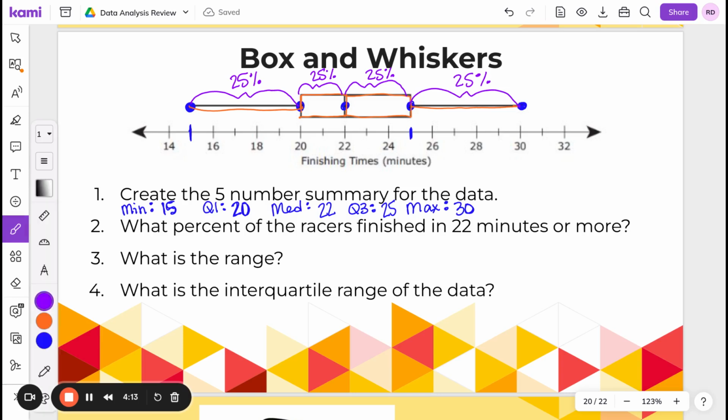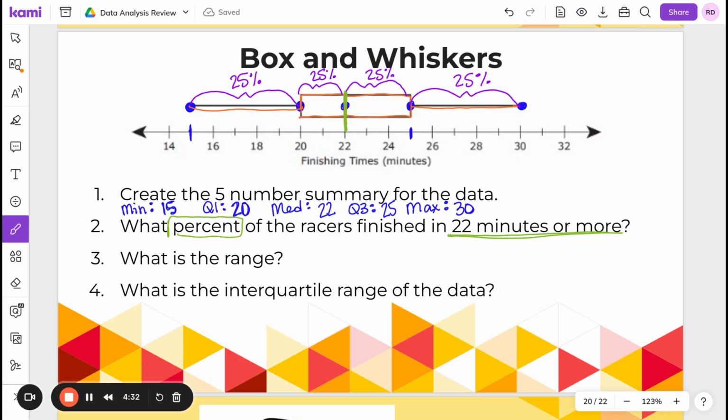Using that to continue answering our questions, question number 2 asks what percent of the racers finished the race in 22 or more minutes. There are 2 ways to think about this. 22 or more is right here. That 22 is our median. So the median is the middle.